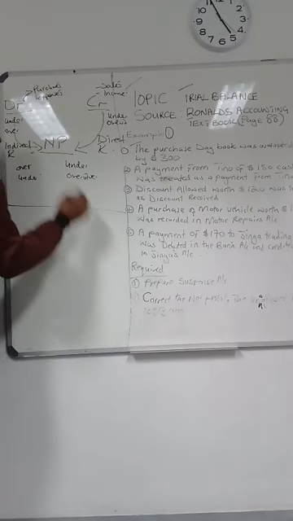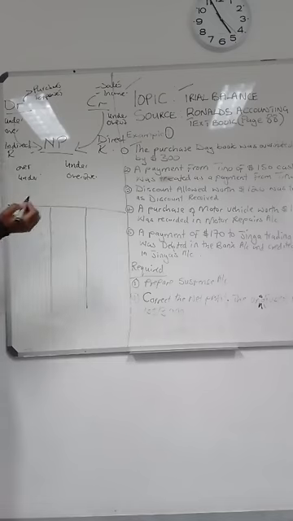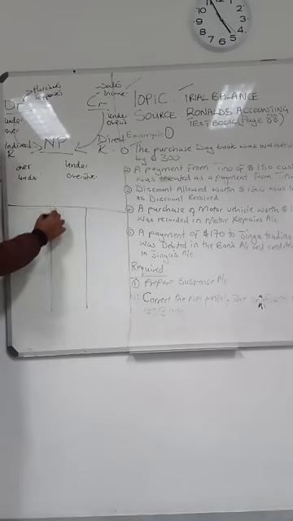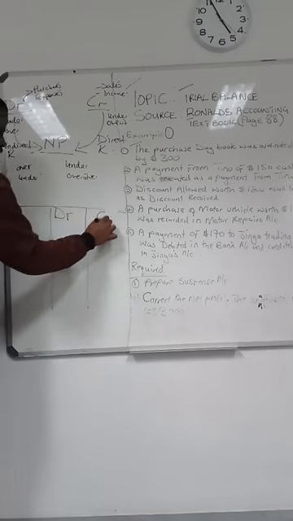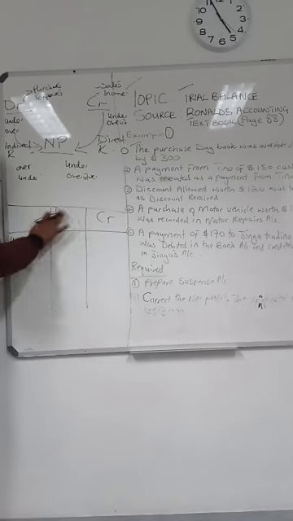So in summary, these are debit items, these are credit items.